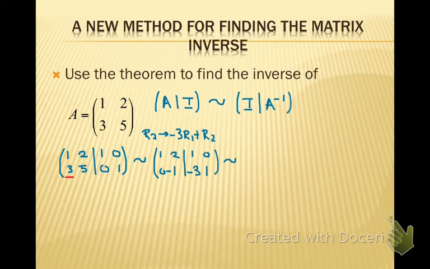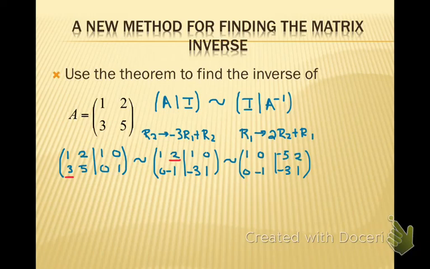Alright, so now I'm going to perform the row operation to make this element 2 a 0. And so I need to do another replacement. That will be row 1 goes to 2 row 2 plus row 1. So in this case, row 2 does not change, so I have 0, -1, -3, and 1. And row 1 becomes 1, 0, -5, and 2.